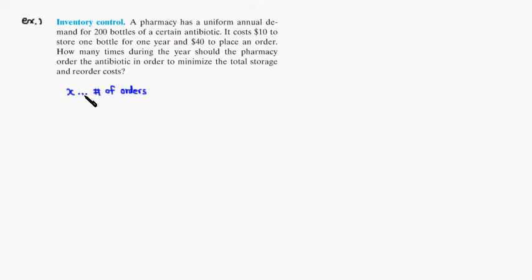Then we want to set up a cost function, so I'm going to call it C of x. There's going to be a reorder cost, so we have to figure out what that is, and then there's a storage cost.